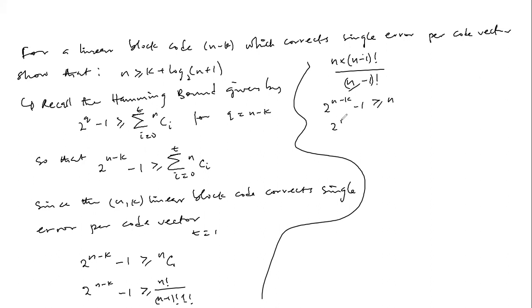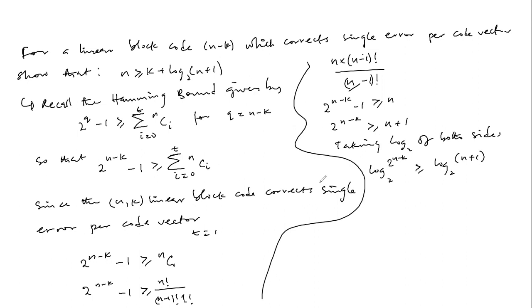So that 2 to the power of n minus k is greater or equal to n plus 1. So taking log to base 2 of both sides, we have log base 2 of 2 to the n minus k greater or equal to log base 2 of n plus 1.